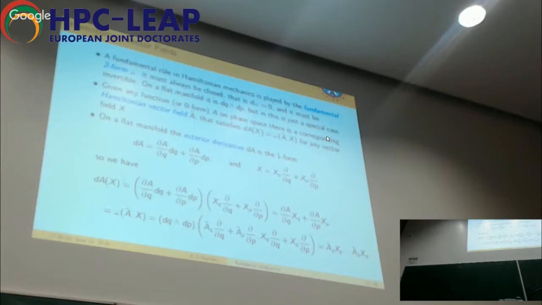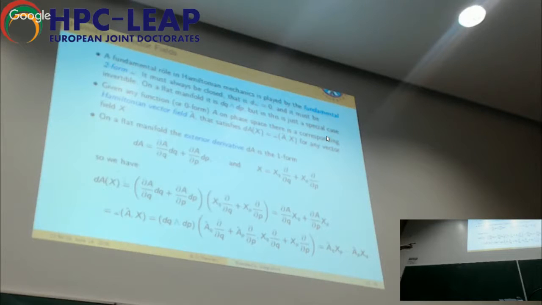On the right-hand side, on the other hand, omega with A hat and X, means I've got to act with a two-form field, dq wedge dp, on the vector field A hat of q times d by dq plus A hat of p times d by dp. So A hat of q and A hat of p are functions, zero-forms, which I'm trying to define from this relation. And the second argument is just X, again expressed in local coordinates.